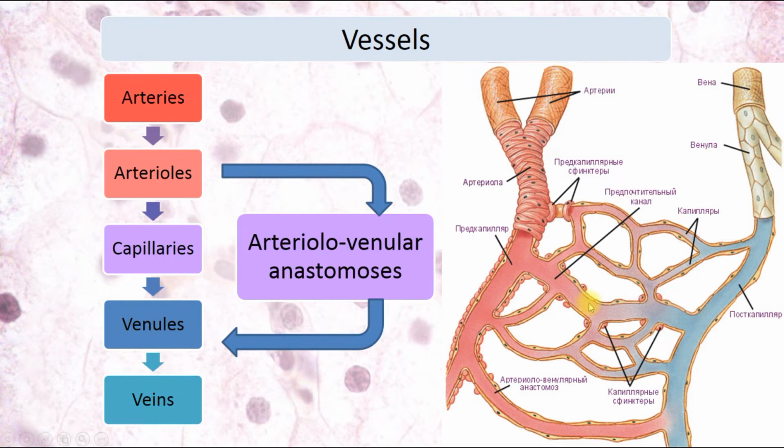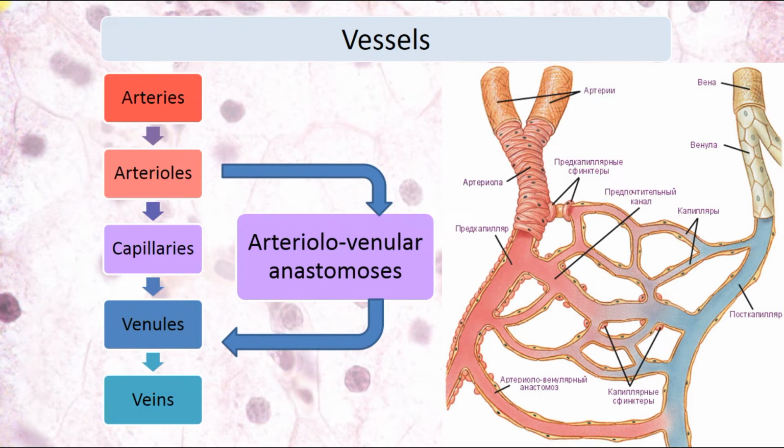Capillaries may contain more than 10 liters of our blood, but usually we have about 4 to 7 liters of blood. So capillaries may contain more blood than we have. When all sphincters of arterioles are open, all blood will go to the capillaries and arterial pressure will fall, and it's called collapse.